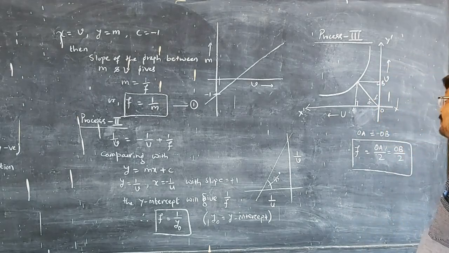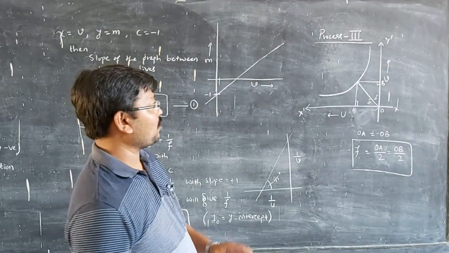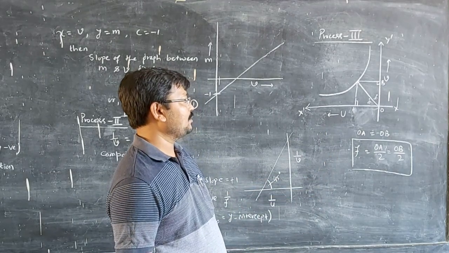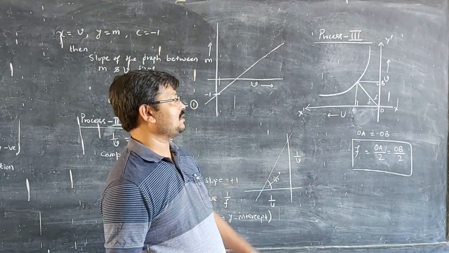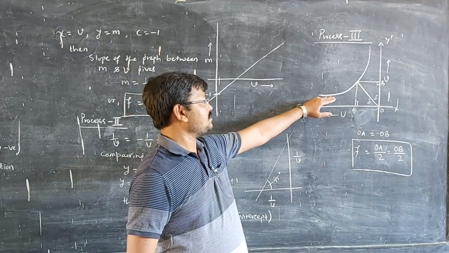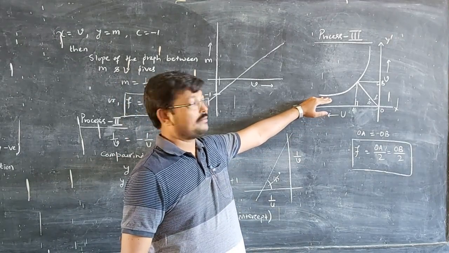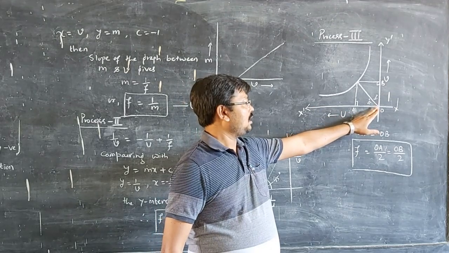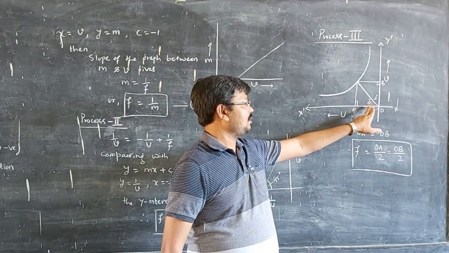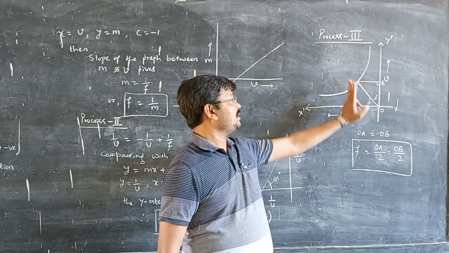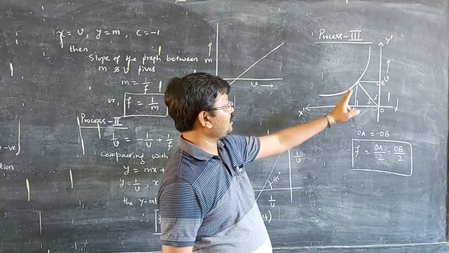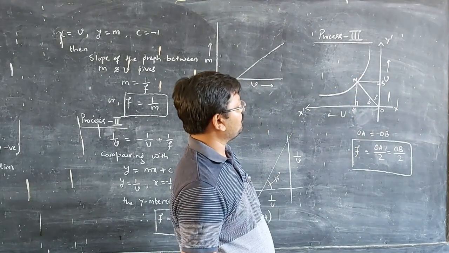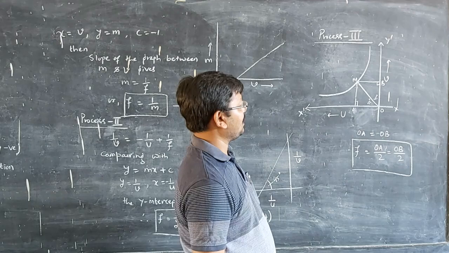Now the third process: you simply plot the graph between u and v, u in the x axis and v in the y axis. The nature of the graph will be somewhat like this. After that, you draw an angle bisector from the origin, and suppose it intersects the graph at M. From M you draw a perpendicular to the x axis and to the y axis.